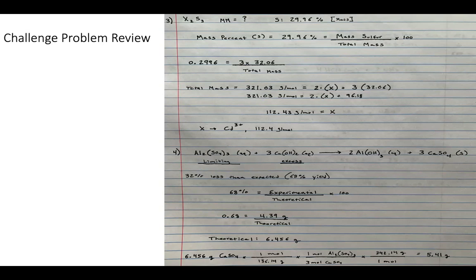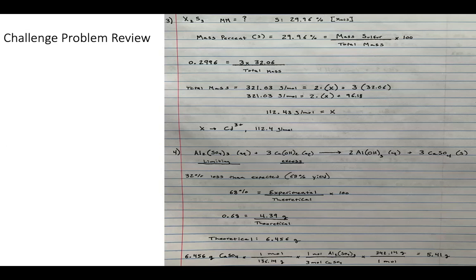Okay, but looking at the formula of this ionic solid, we know that we have 3 sulfur atoms in this compound. Okay, and so we actually know what the mass of sulfur is. And so we write 0.2996, which is just our 29.96% divided by the 100, right?